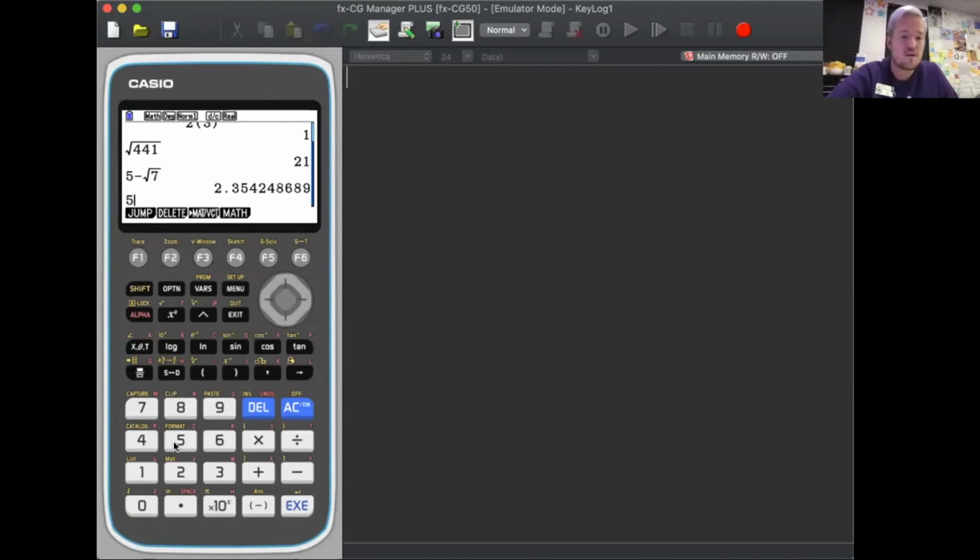All right, and then conversely, I want to do 5 plus the square root of 7, which of course is going to give us the radical form, convert it to a decimal, and then we're going to get 7.645, which is going to round to 7.65.